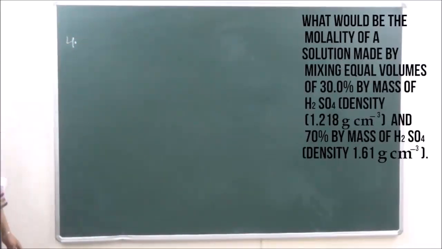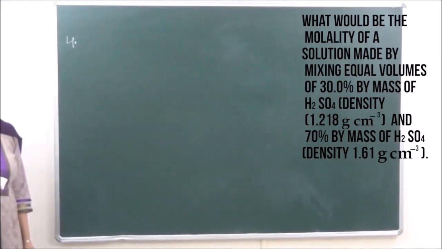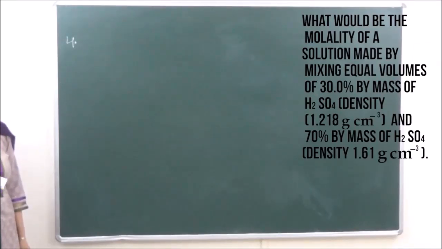Question number 4 is, what would be the molarity of a solution made by mixing equal volumes of 30% by mass of H2SO4, density 1.218, and 70% by mass of H2SO4, density 1.610.